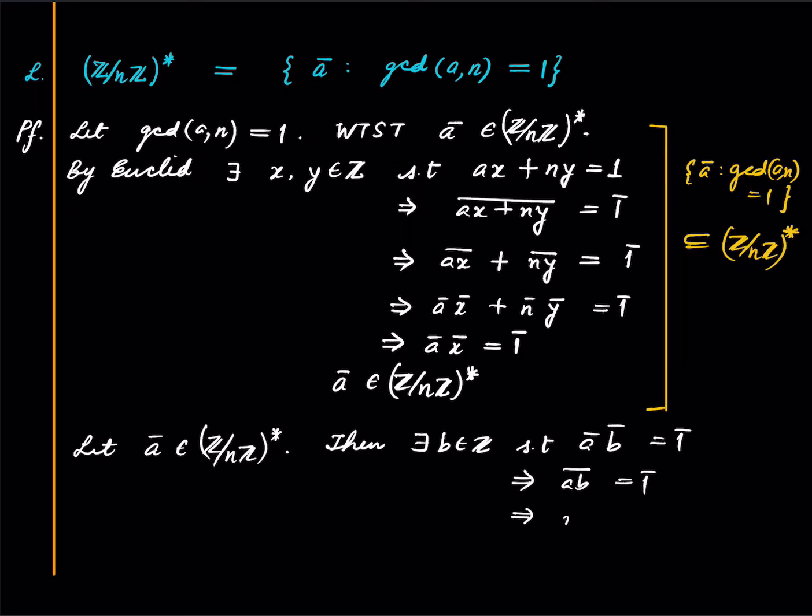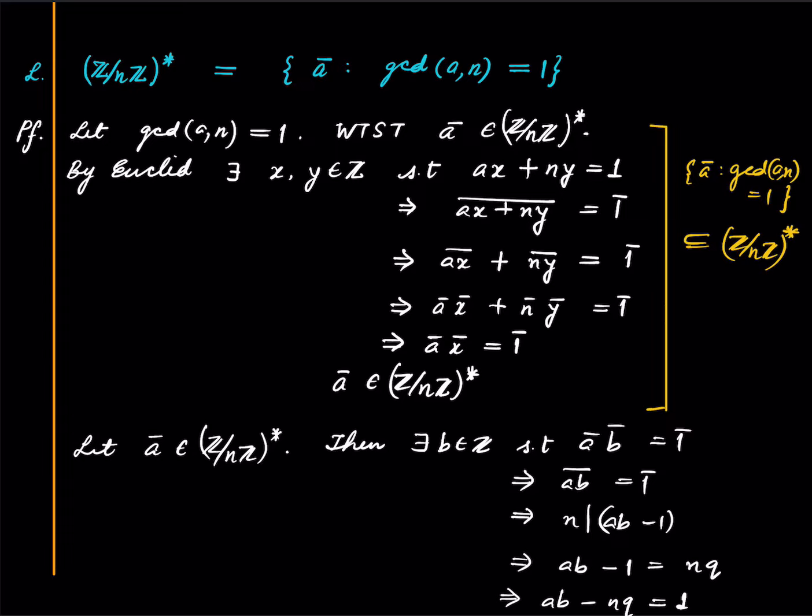So n divides ab minus 1, which implies ab minus 1 equals n times some integer q, which implies ab minus nq equals 1. And if d were the GCD of a and n, then d divides the left hand side, and hence d also divides the right hand side, and therefore d equals 1.